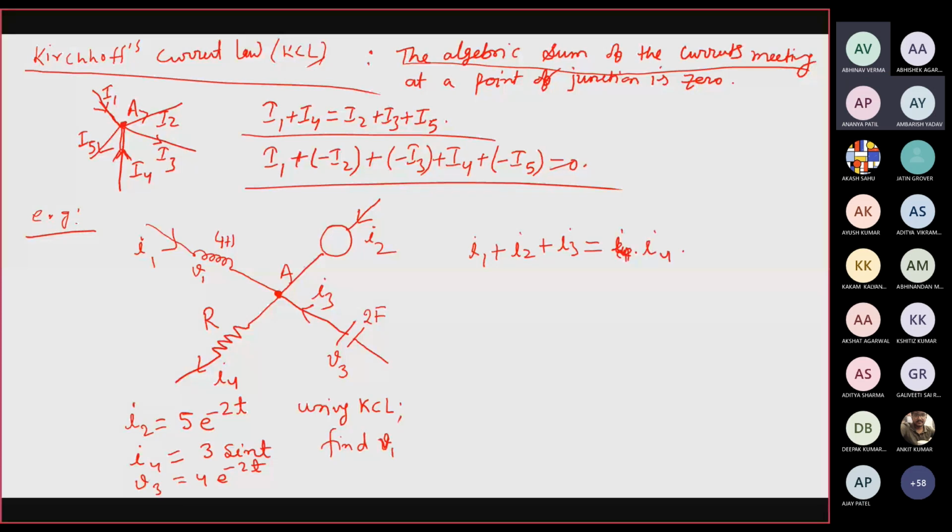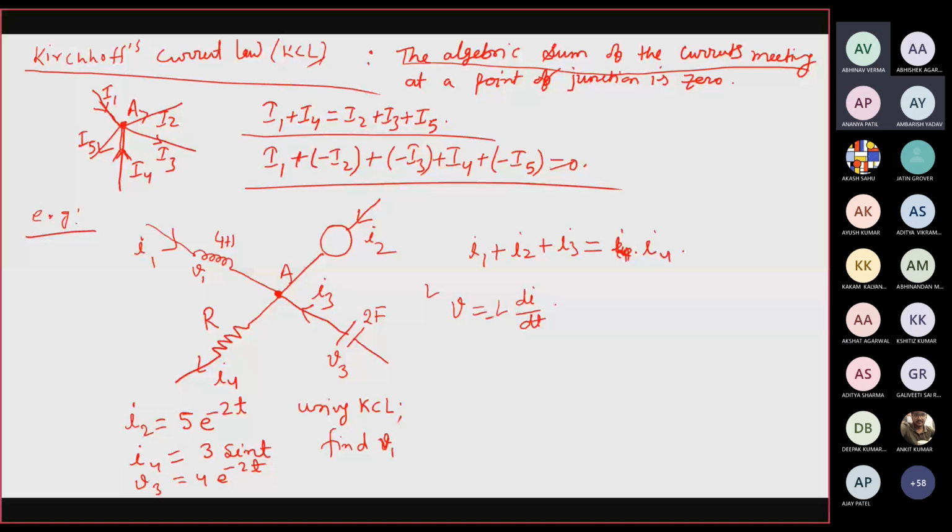Now we have to find out this V1. So you should know that the voltage across any inductor, suppose there is an inductor of inductance L, will be L di by dt, okay, or minus L di by dt according to Lenz's law.